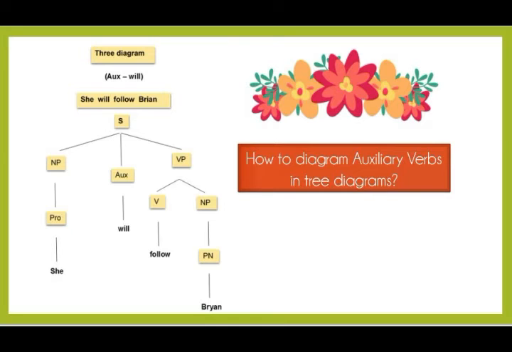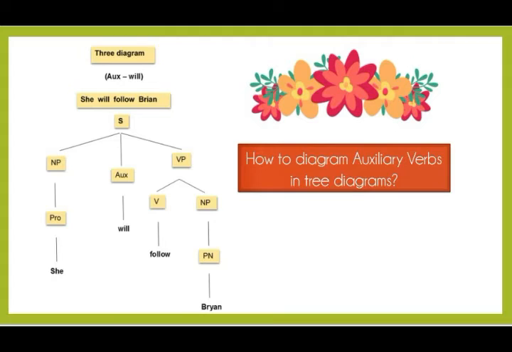Then the personal pronoun; the pronoun in this case is "she". Then we put the auxiliary; the auxiliary in this case is "will". So we put "will".